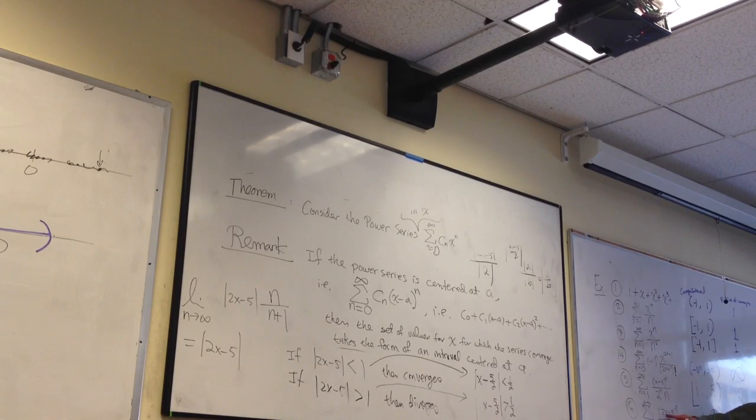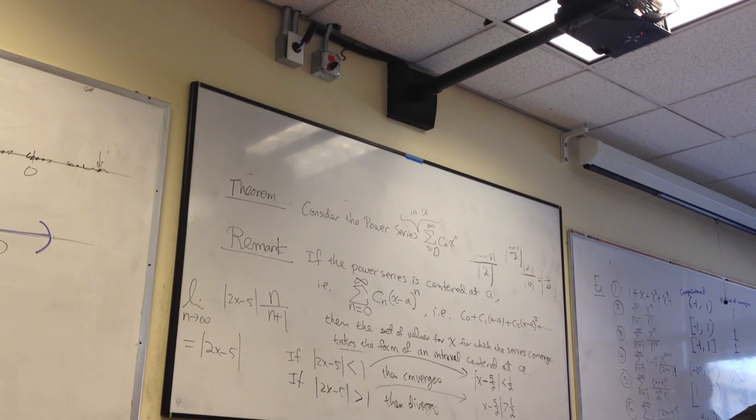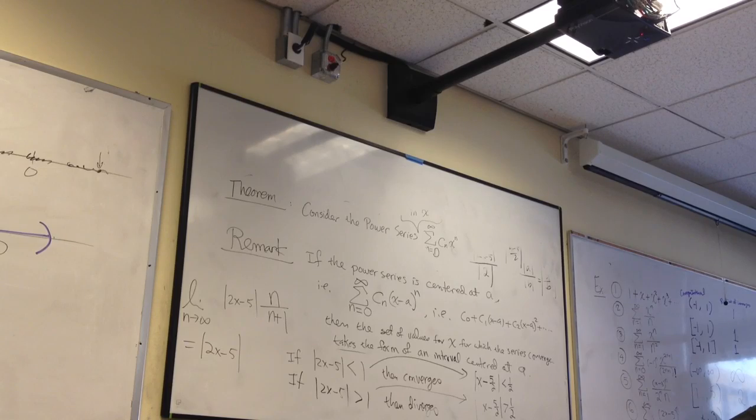You plug in 2: 2 times 2 is 4, 4 minus 5 is negative 1. So you have negative 1 to the nth power, alternating sign, over n. That's the alternating harmonic series. Good or bad? Convergence. Good. That's convergent. So it's half closed, half open. Left closed, right open. Get the idea?